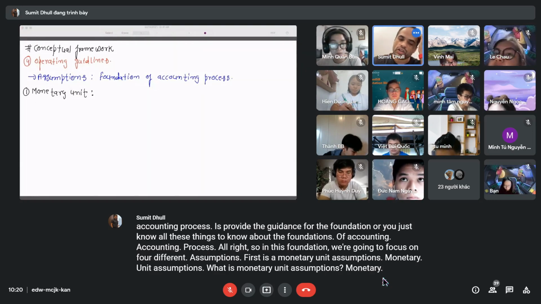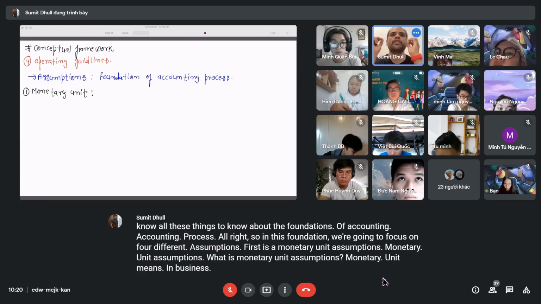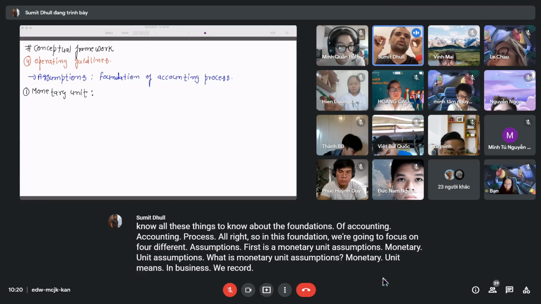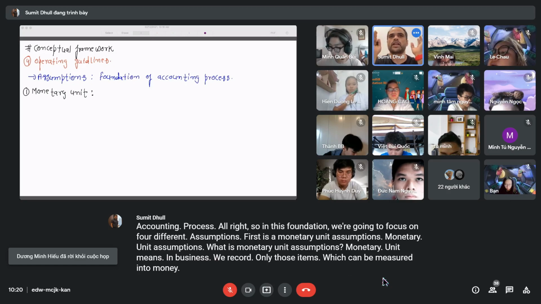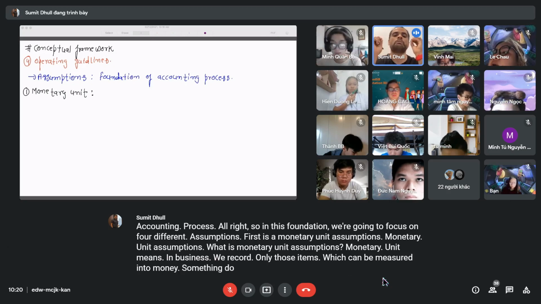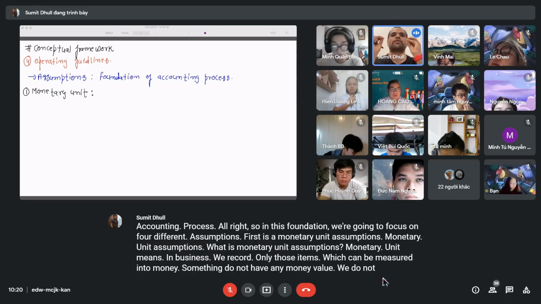Monetary unit means in business, we record only those items which can be measured in money. Something that does not have any money value, we do not record.